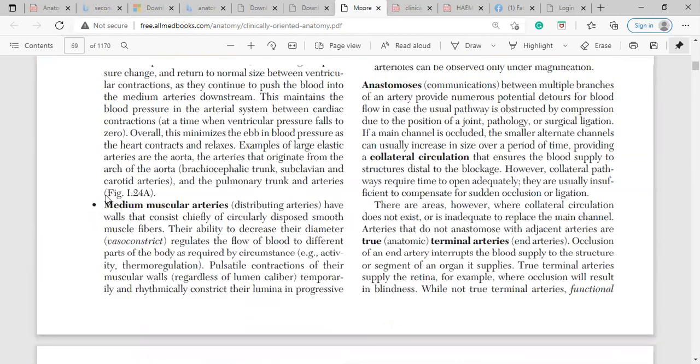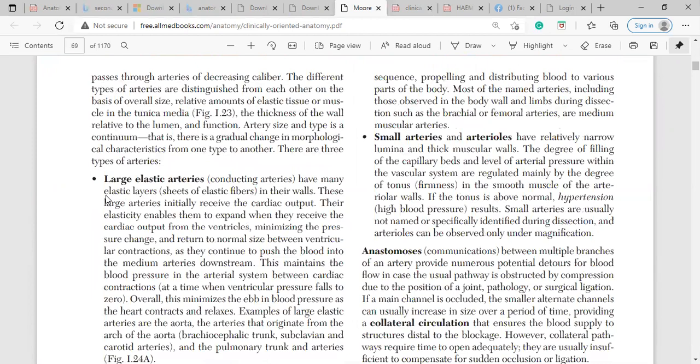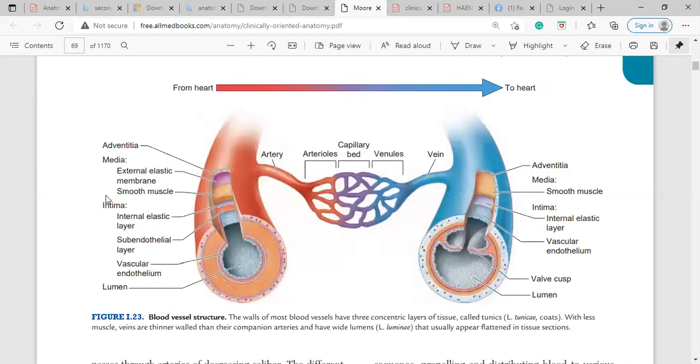So just try and study the structure or the histology of the vessels. I don't know if you have this diagram in your textbook, but if you don't have it, I can snap this one and send it to you. You took a picture already? Okay, good. So I will explain this in the next class.